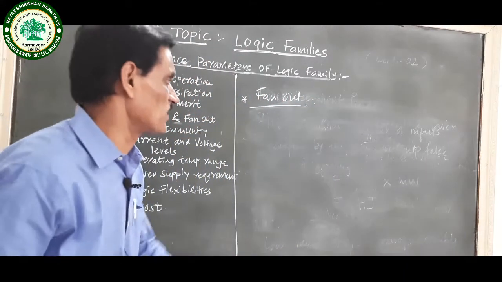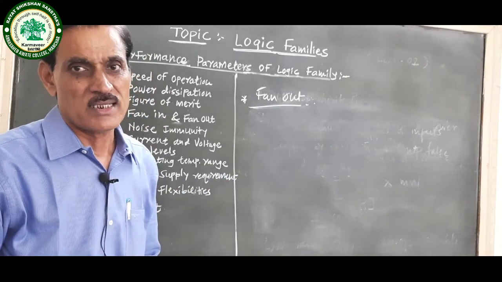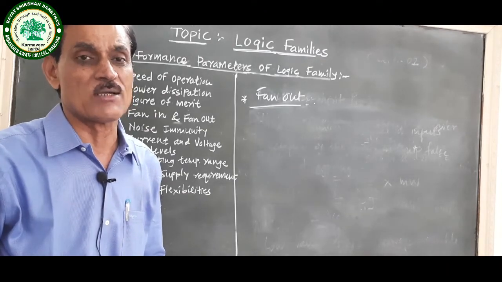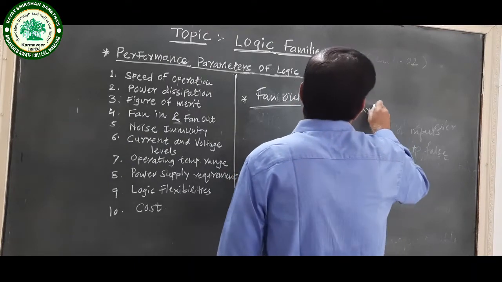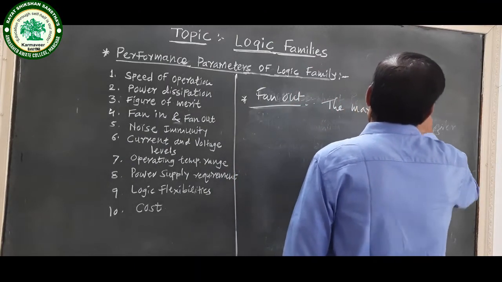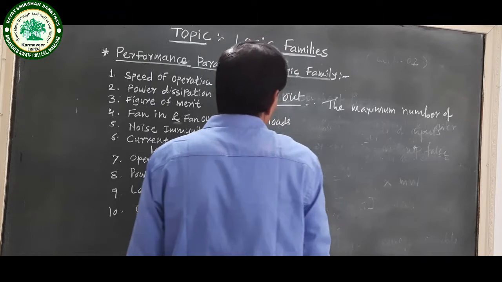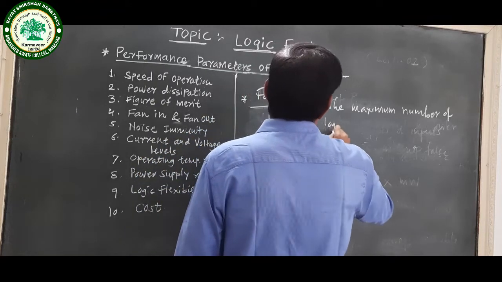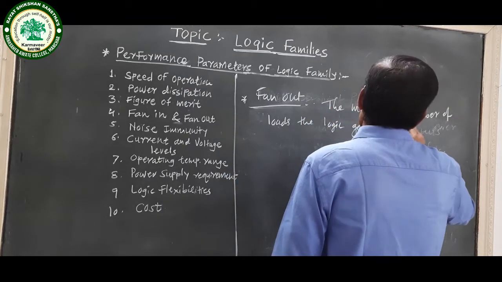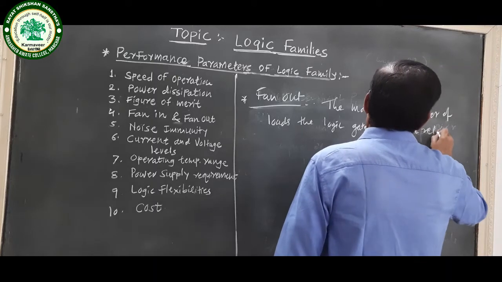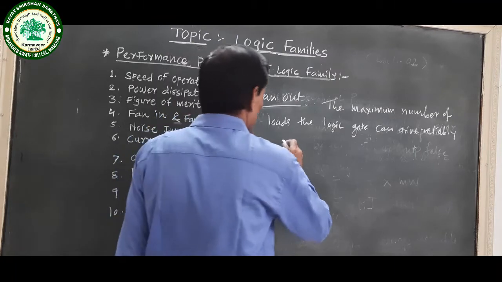Fan-out of a logic family is defined as the maximum number of loads a logic gate can drive reliably. It is also known as loading factor.